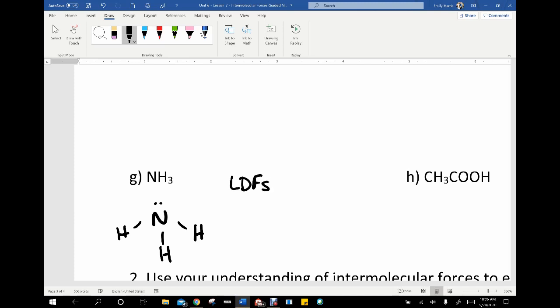We know that NH3 is a molecule with electrons, so it will have London dispersion forces. The next question we need to answer is, is the molecule polar? Nitrogen is more electronegative than hydrogen, and due to those lone pairs, this takes on a trigonal pyramid shape, which creates a top side that is negative and a bottom side of the pyramid that is more positive.